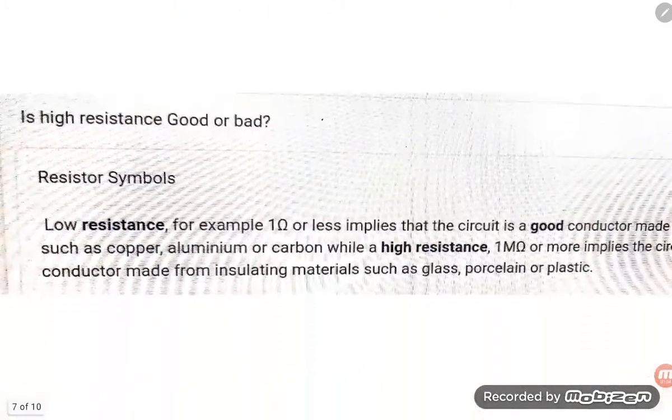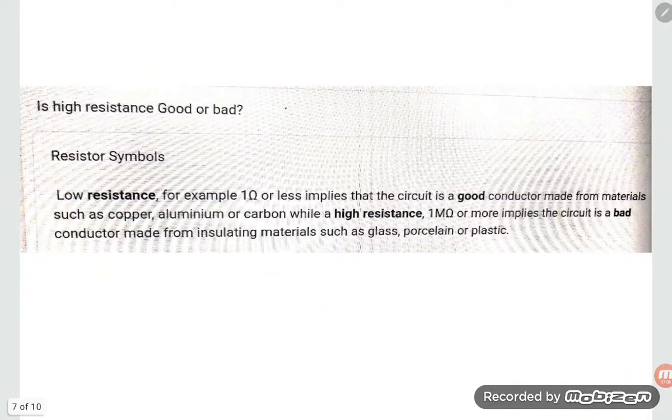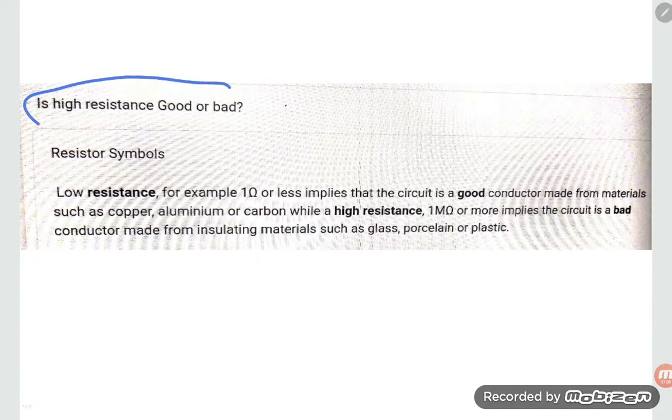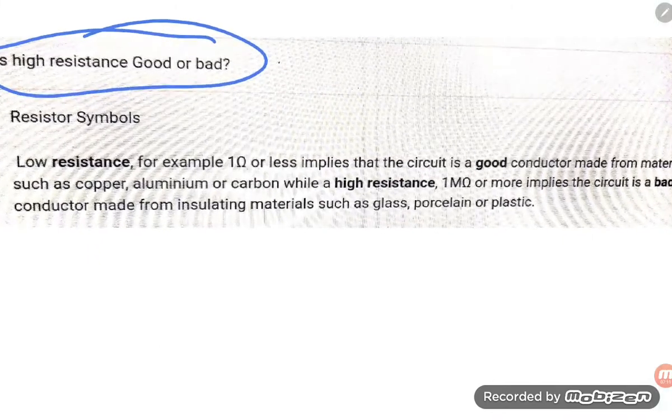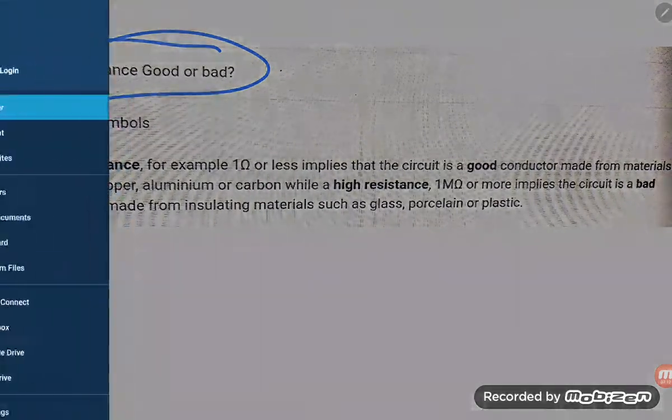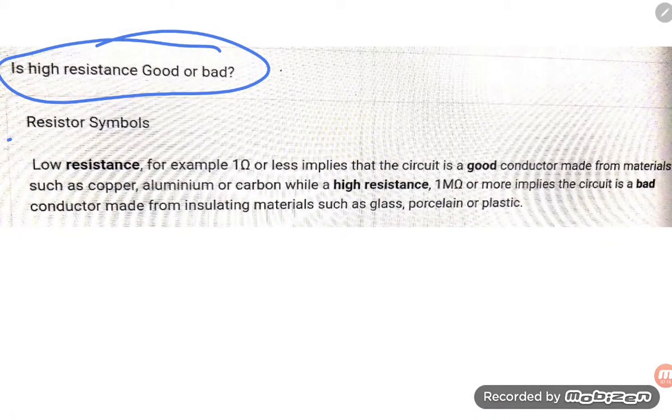One more question: is high resistance good or bad? Let us try to read this, student. Low resistance, for example 1 ohm, R is equal to rho L by A. What is the meaning of this?